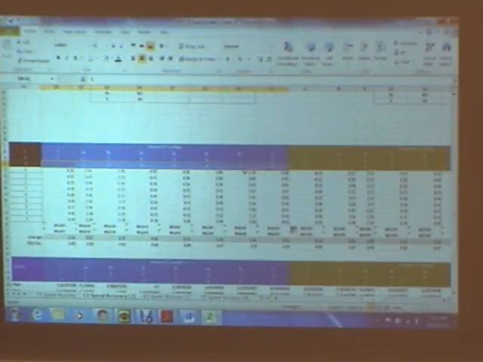Now, if you're trying to show that your movement time and your index of difficulty are related, how might you try to visualize that?